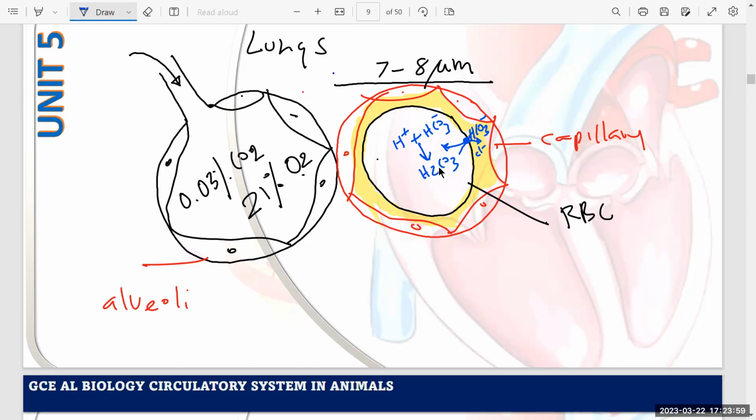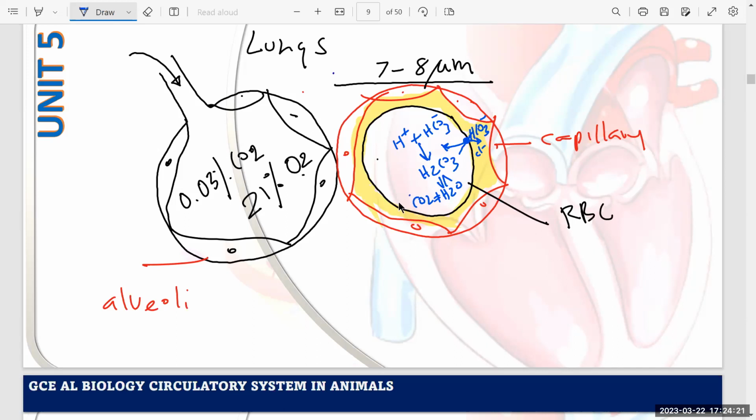So, the backward reaction: hydrogen plus bicarbonate gives carbonic acid. Carbonic acid again dissociates into carbon dioxide and water.